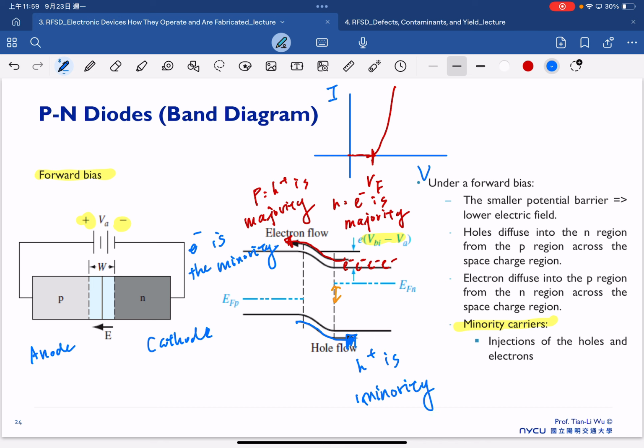So now we can see the electron in this region, which is a majority, will start to inject into this PN diode. But now the electron being there, in the left-hand side P region, becomes the minority.